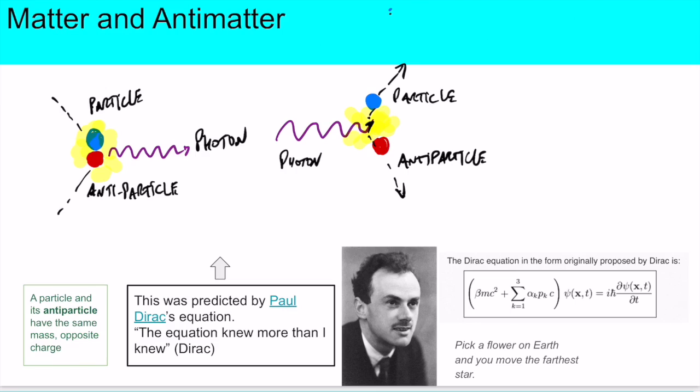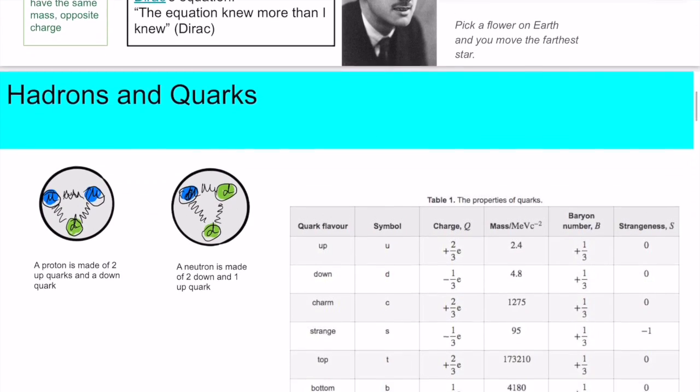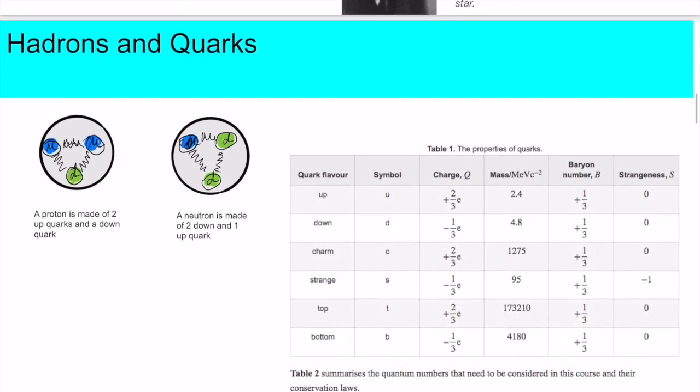Again, the interesting thing about these predictions is that they were not expected. They came from equations, from a model. Same thing happened with the Higgs boson, which you will see later, and with the quarks predicted by Murray Gell-Mann.